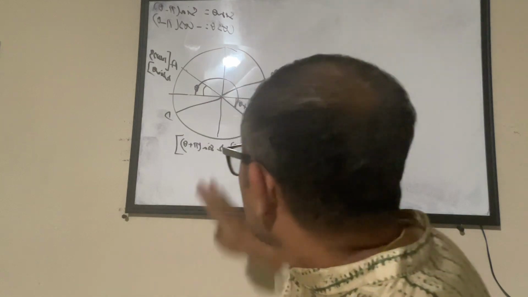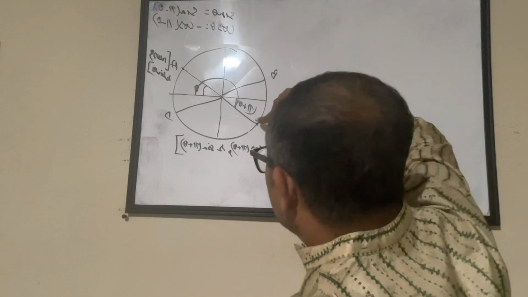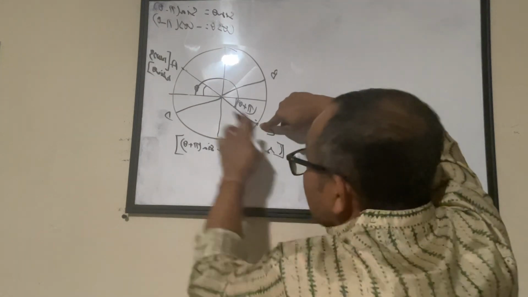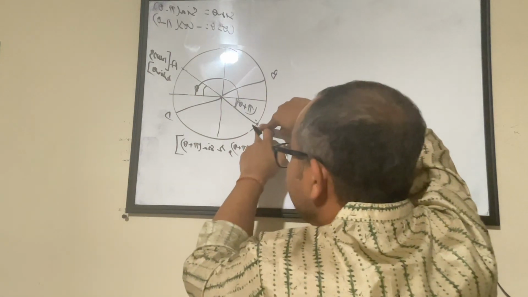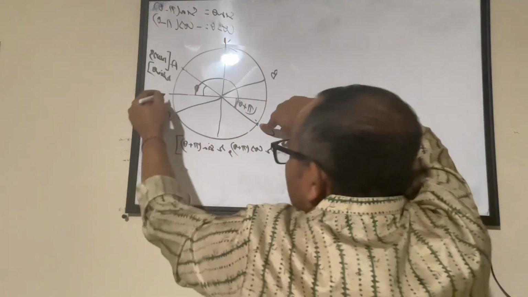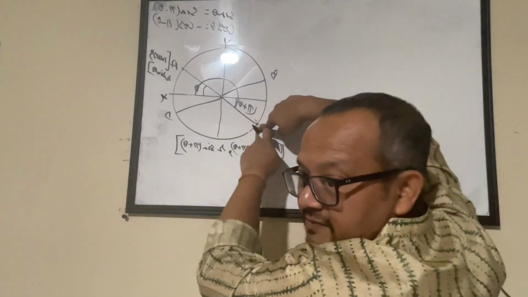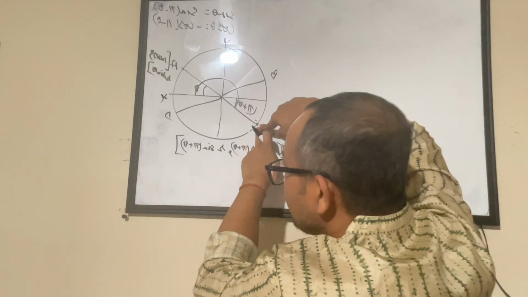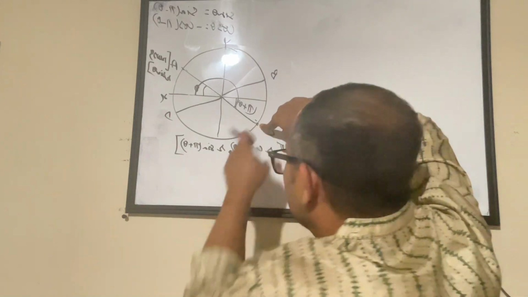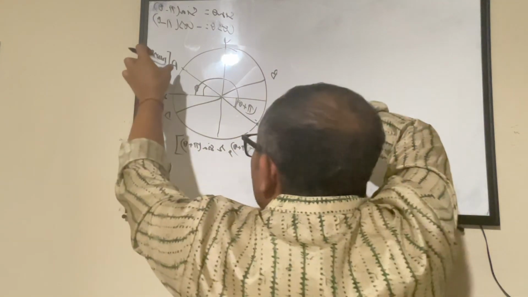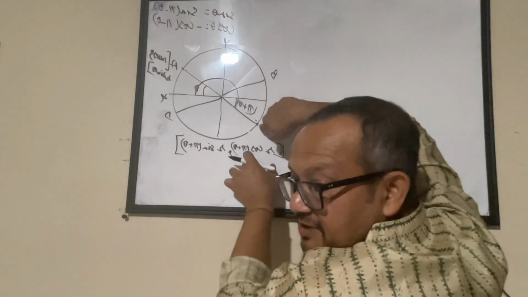Now look at this point and this point. Here, in case of A, the x and y coordinates are both positive. In this case, this is the third quadrant. If you visualize this as x and y axis in a coordinate plane, here both the x and y values are negative. So that means the x coordinate of this is equal to negative of the x coordinate of this.